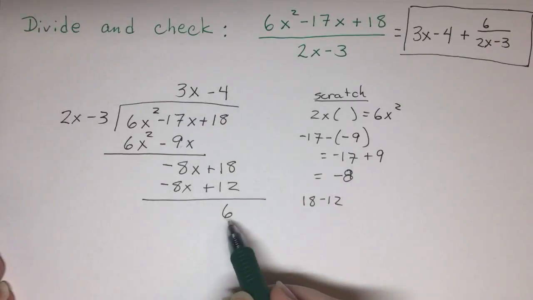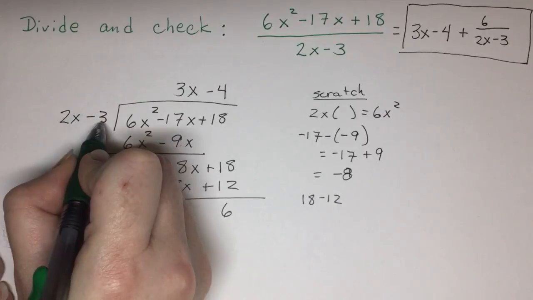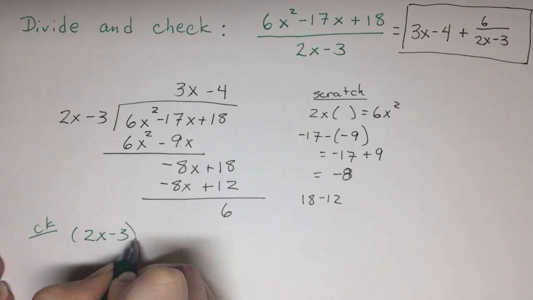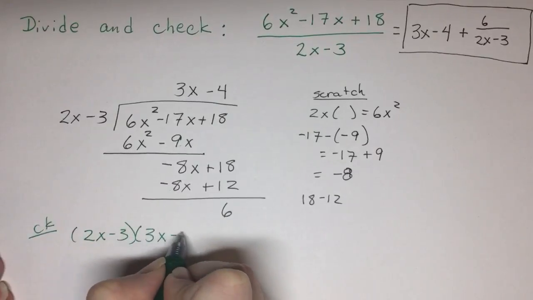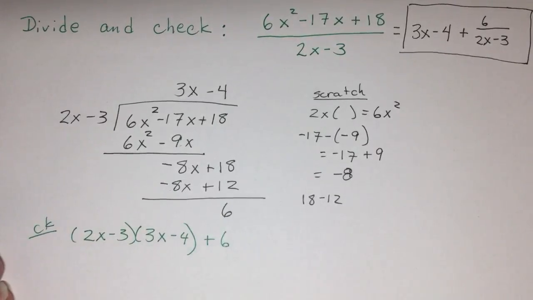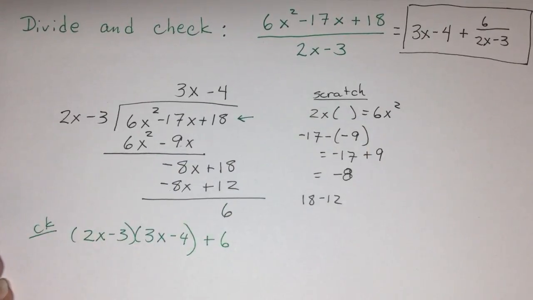If this is correct, my check, divisor times quotient, 2x minus 3 times 3x minus 4, plus the remainder, plus 6, should equal my dividend. Let me do this multiplication and check.